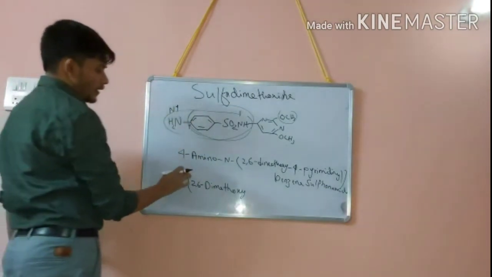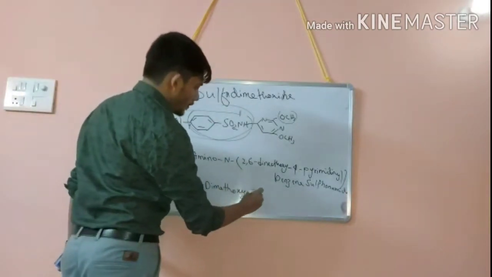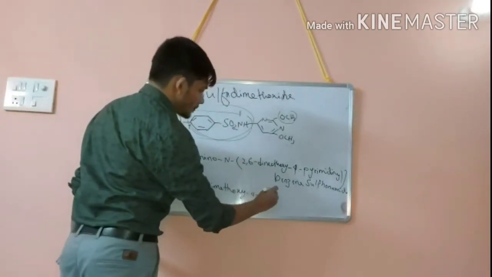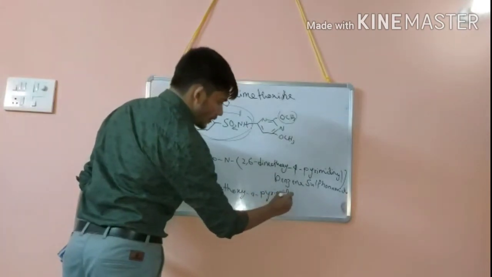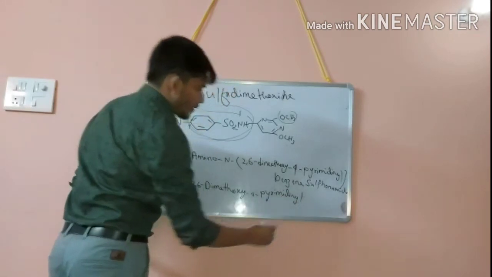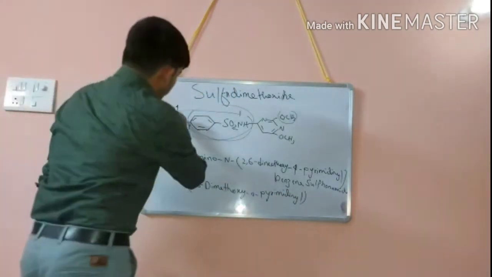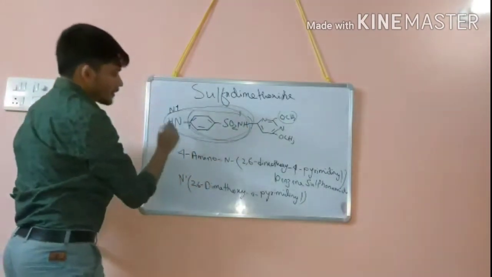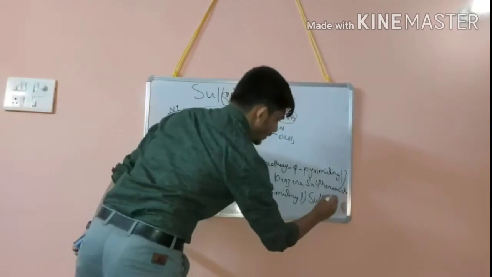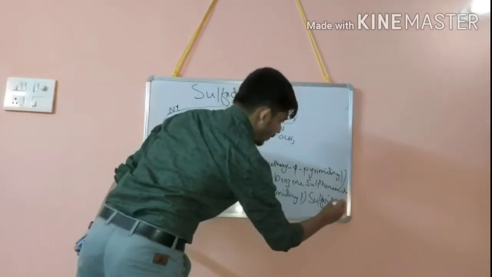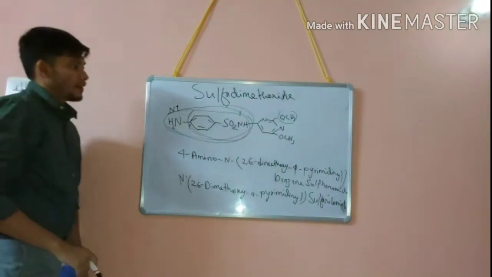So here, N1 2,6 dimethoxy 4 pyrimidinil, then sulfanilamide. As a whole, we are taking this one as sulfanilamide. So these are the two nomenclatures we can write.